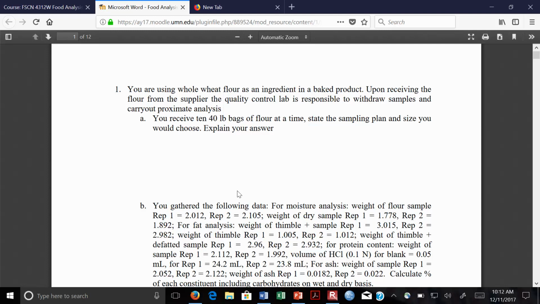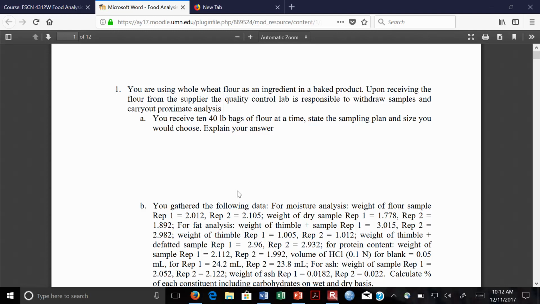So if you're interested in measuring iron content, you'd rather go with the wet ashing procedure so that you prevent volatilization that could happen during dry ashing. So you want to say, because iron is volatile, we'd rather go with wet ashing, which will maintain iron in solution and prevent any losses due to volatilization.